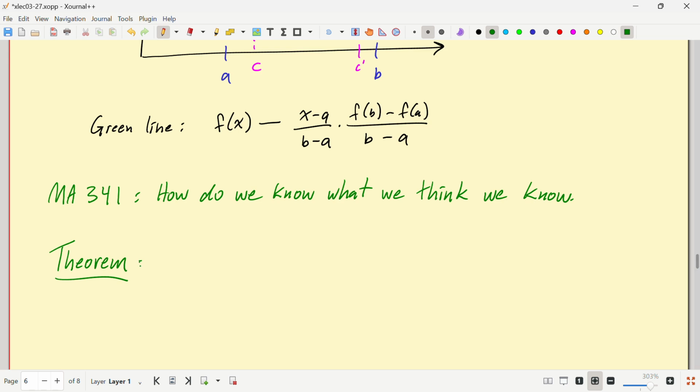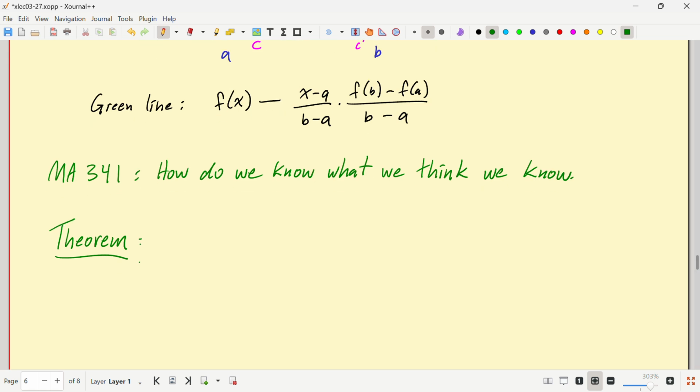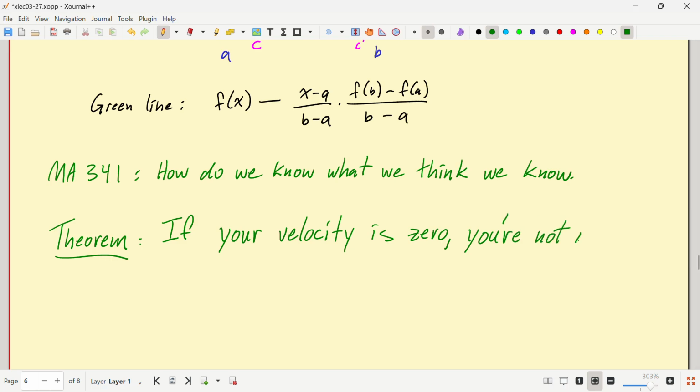If your velocity is 0, you're not going anywhere. You're not moving. And of course, everybody knows that. So why the heck do you have to think about it?